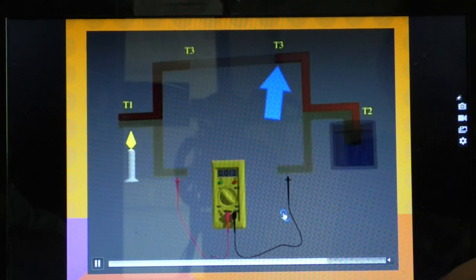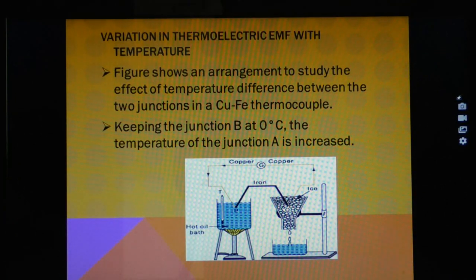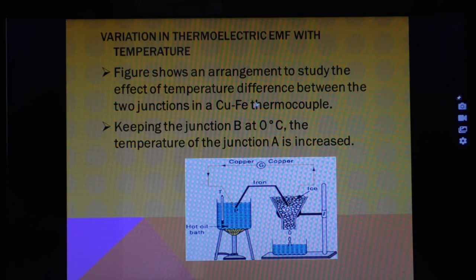Now, variation in thermoelectric EMF with temperature. The figure shows an arrangement to study the effect of temperature difference between the two junctions in a copper-iron thermocouple.